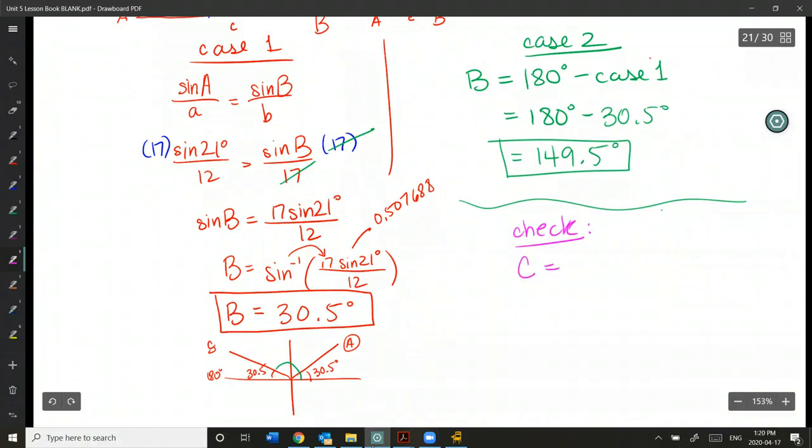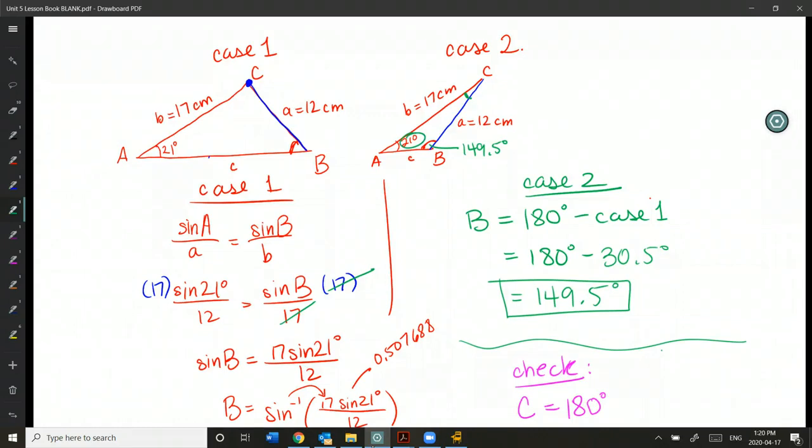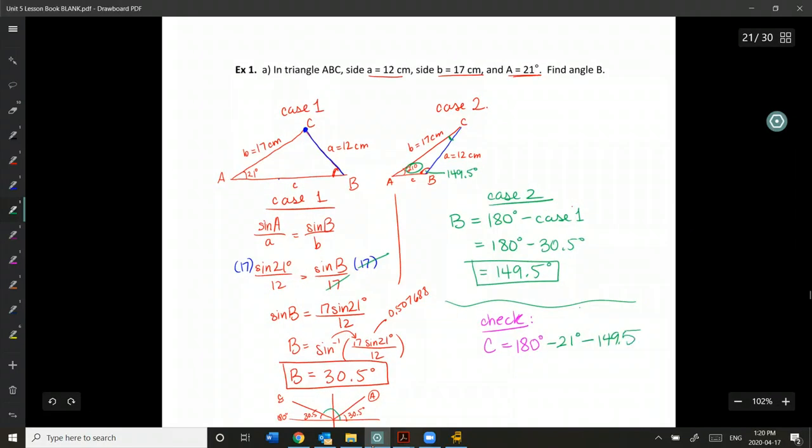So angle C for case number 2, if I look at my diagram here, if I found angle B to be 149.5, and I know this angle of 21 degrees, angle C should be 180 subtract those two things. So subtract 21 degrees and subtract 149.5 degrees.